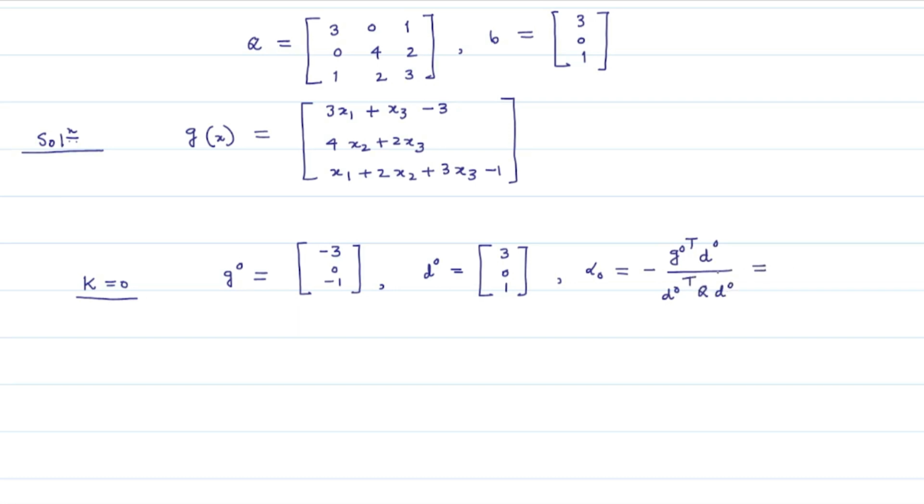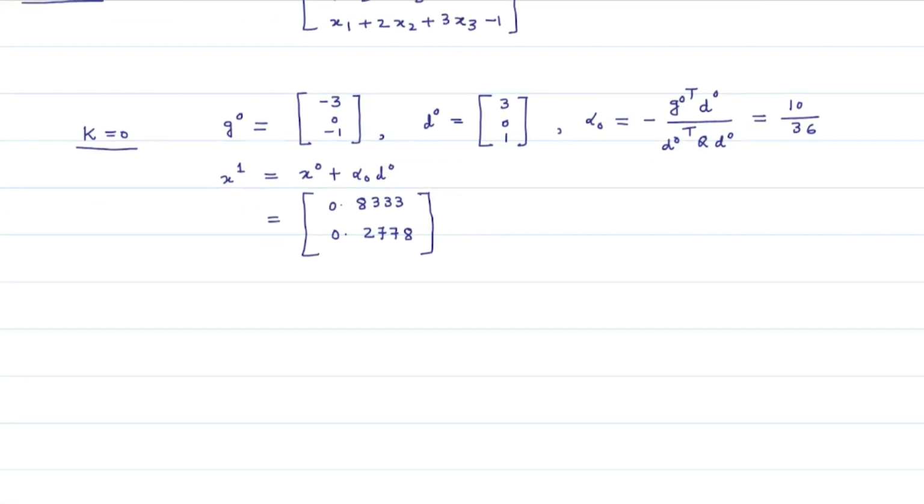Please execute this expression. You will find that this expression gives us 10 by 36, and hence the next iterative point x1, given by x naught plus alpha naught d naught, is, numerically please check, 0.8333, 0, 0.2778.